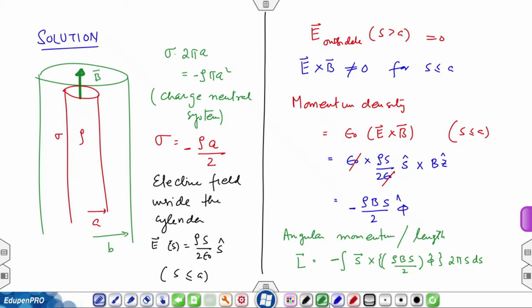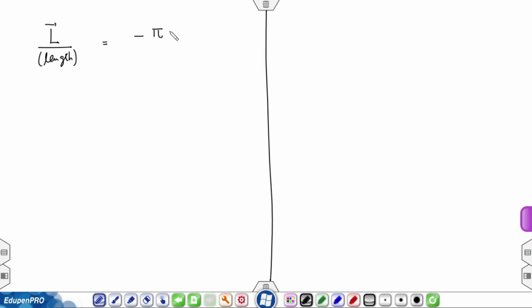And you work it out, then you get L per unit length to be equal to minus pi rho B a raised to 4 over 4 in the z direction. That is the electromagnetic angular momentum. So, part A is solved.